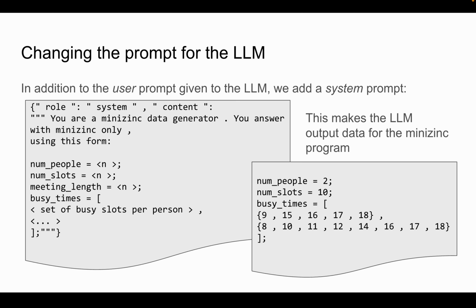So we take this and we create a full system where we use the same user prompts as we have for the LLM, but with this additional system prompt, and we run the generated data through the same MiniZinc program as we just showed you.